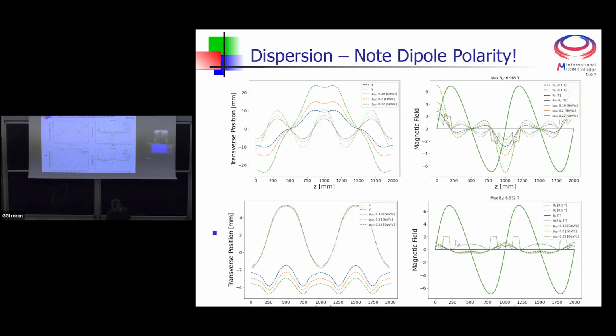In this configuration, I'm showing a dipole field only in one direction, and you can see that the dispersion is always in the same direction, always in the horizontal direction. But it's much weaker. And so there's an active discussion of which one's the right one to do. Do you want the weaker dispersion, but all in the same direction, or do you want the stronger dispersion, which flips?